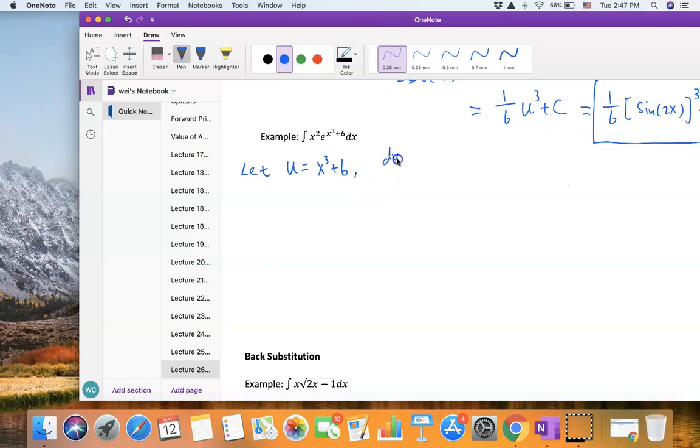If this is u, then du over dx is going to be 3x squared. And dx will be du over 3x squared. Okay. So this term is replaced by u, and dx is replaced by du over 3x squared.